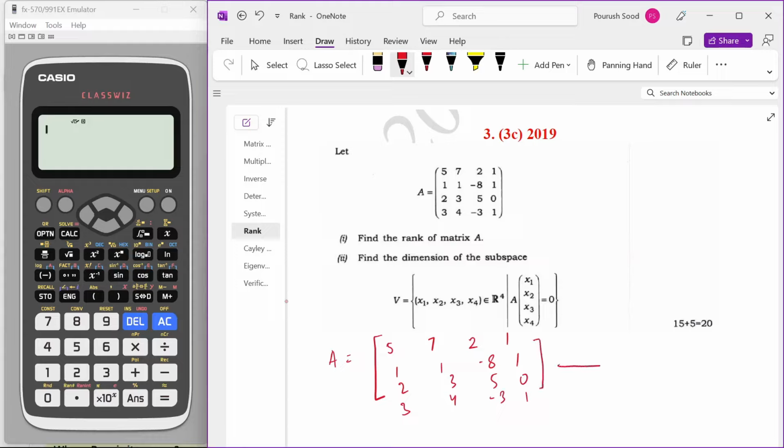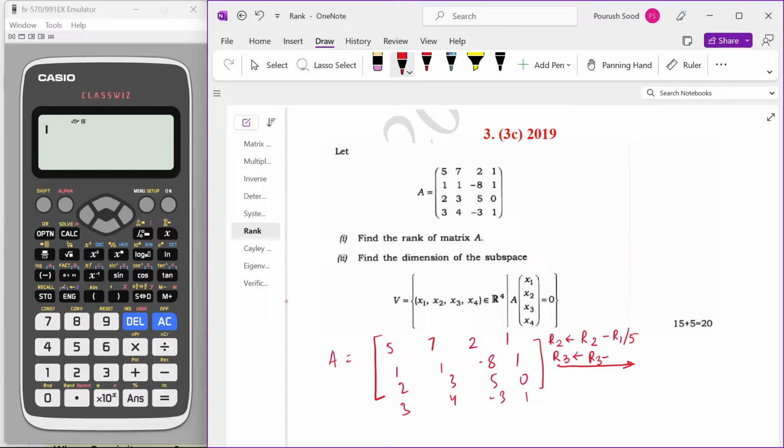So what we need to do here is that we need to first make this as 0, make this as 0, make this as 0. So what we're going to do is R2 becomes R2 minus R1 by 5, R3 becomes R3 minus. You can also use different methods which might be easier. I'm just showing you one.